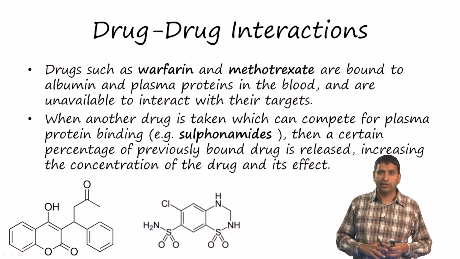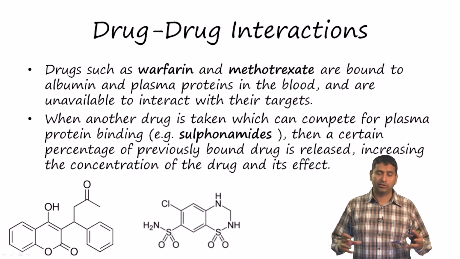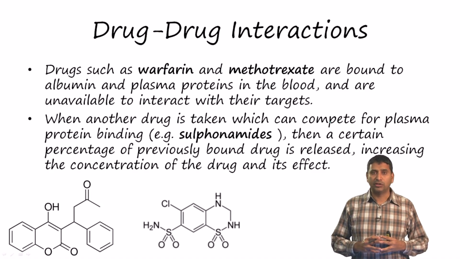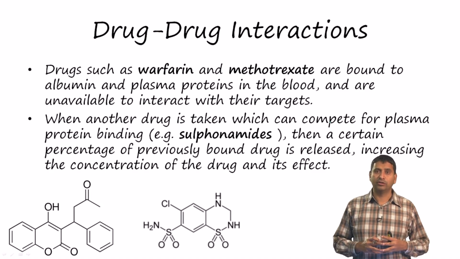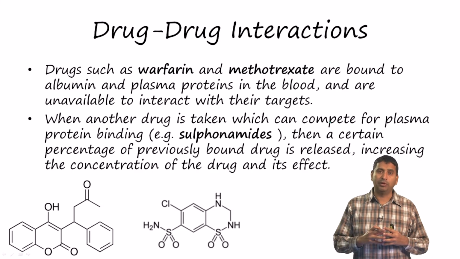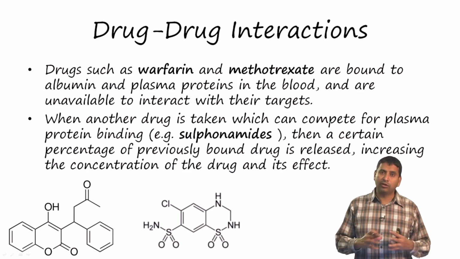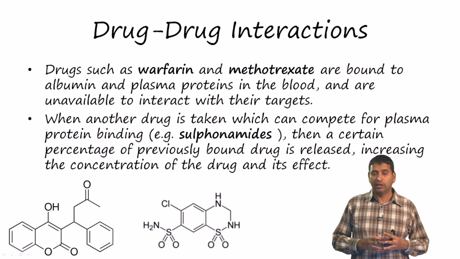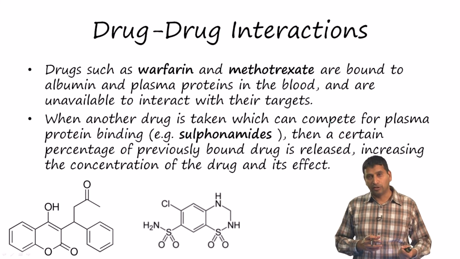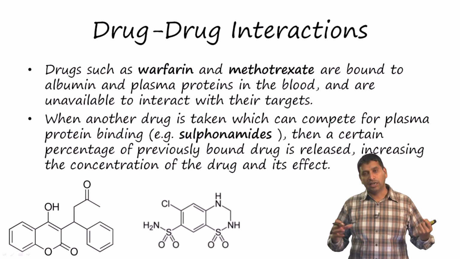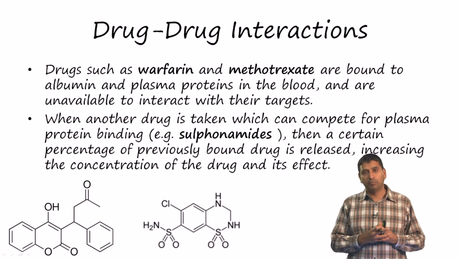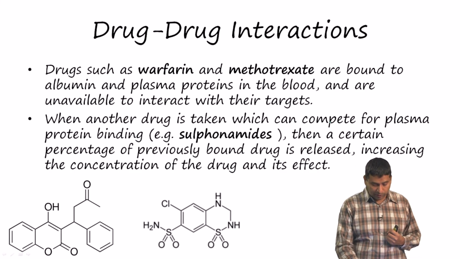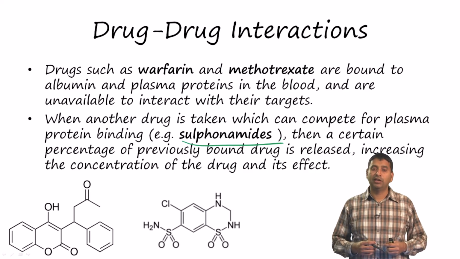Another important aspect is the interaction between drugs. Drugs such as warfarin, whose structure is shown here, are bound to albumin and plasma proteins. We already looked at this: plasma proteins can bind to certain drugs, and therefore they are not available to interact with their targets. But now, when you take another drug, this drug can come and compete for the plasma protein binding. The example here is sulphonamides, which were used as antibacterial agents.